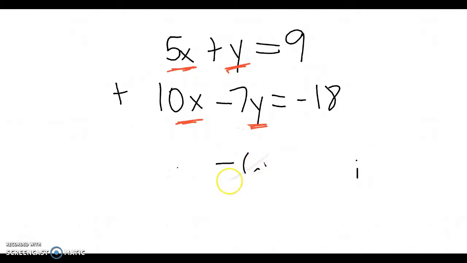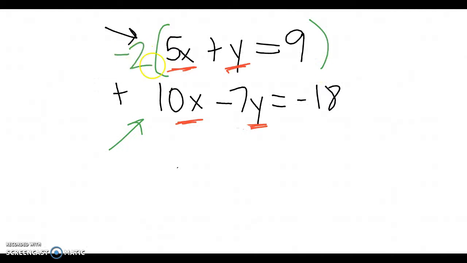So we have to change one of these equations so that when we add, something will cancel. Now things cancel when they're the same number but opposite. So I'm going to think, how would I make this the same number as this x and make it cancel? Well, if I times this by a negative 2, that should work out.